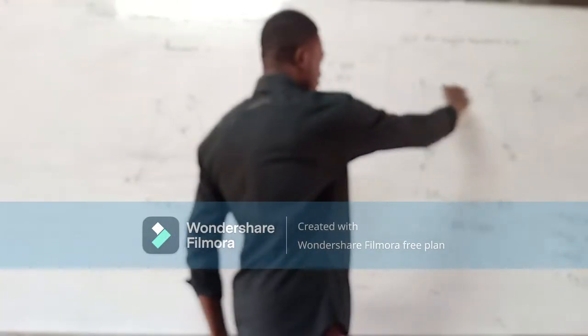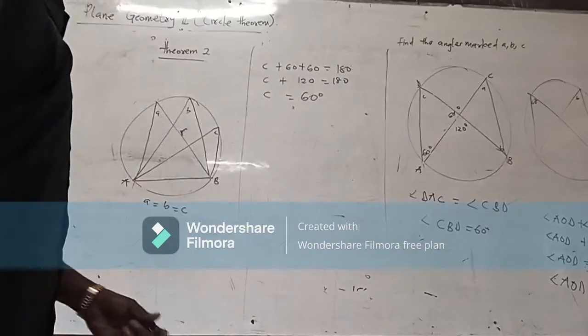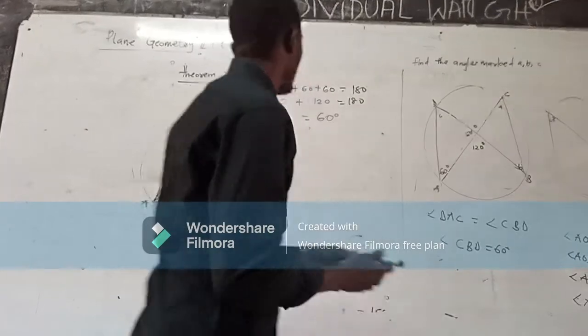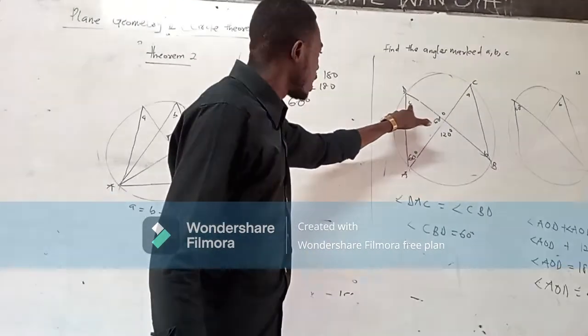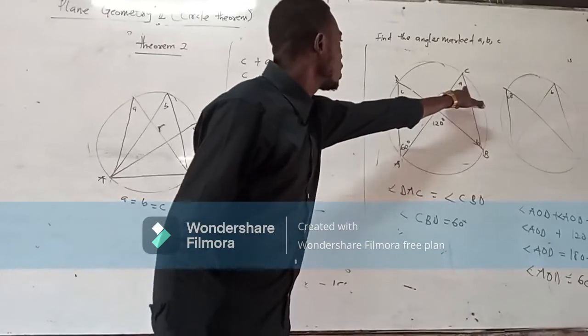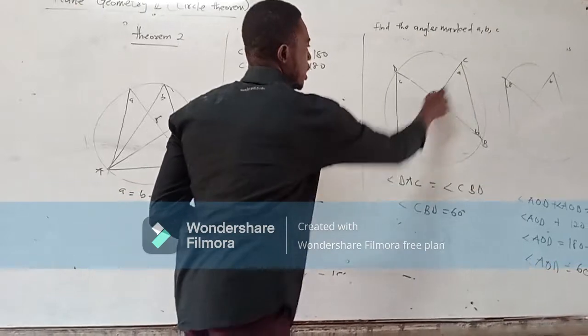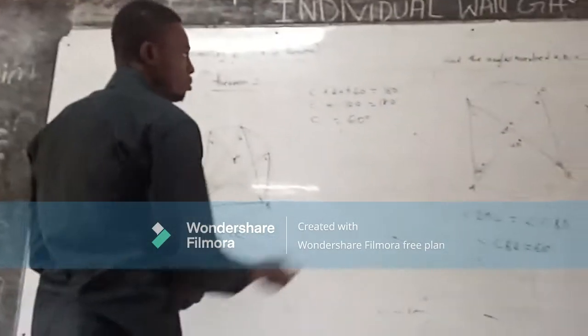It means that the triangle formed here is called equilateral, meaning they are all equal, all the sides are equal. Once you are able to find C directly, because they are also building on the same arc, A is directly also 60.